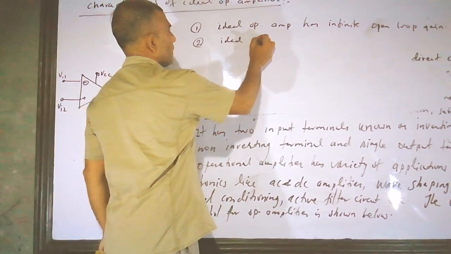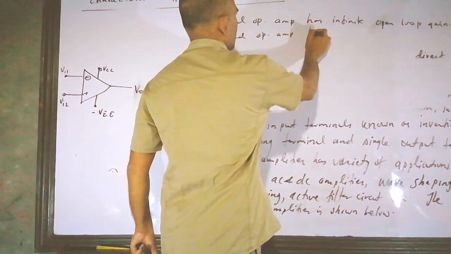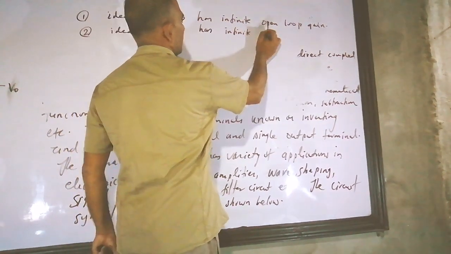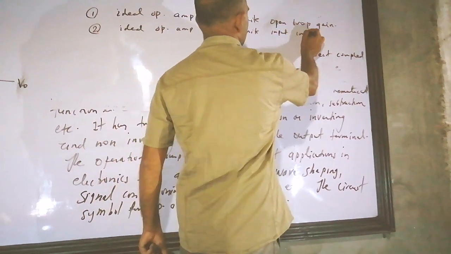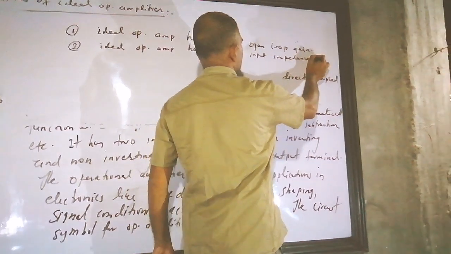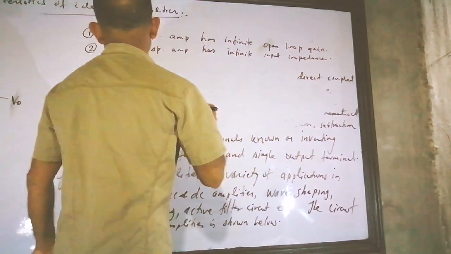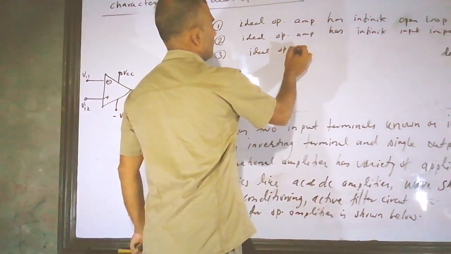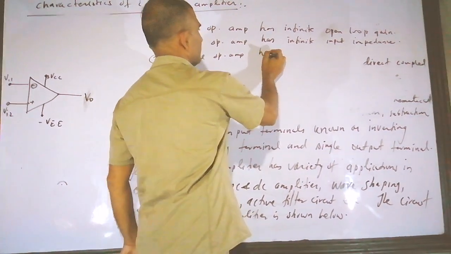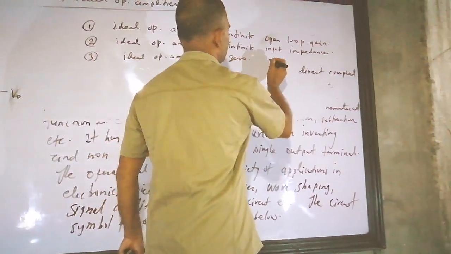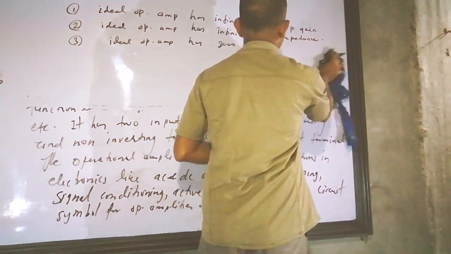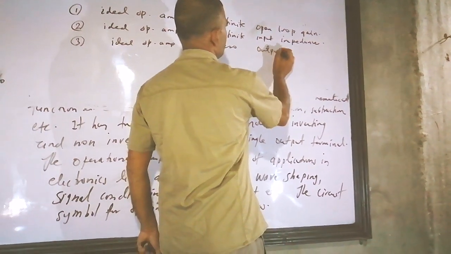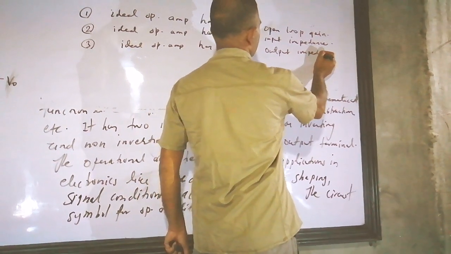Likewise, the ideal op-amp has infinite input impedance. The ideal op-amp has zero output impedance.